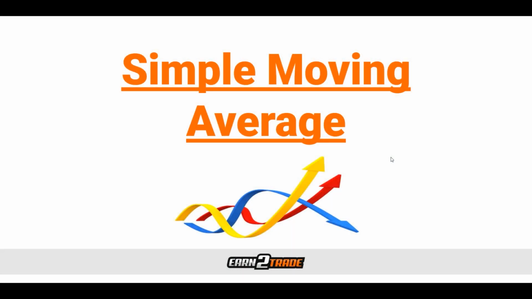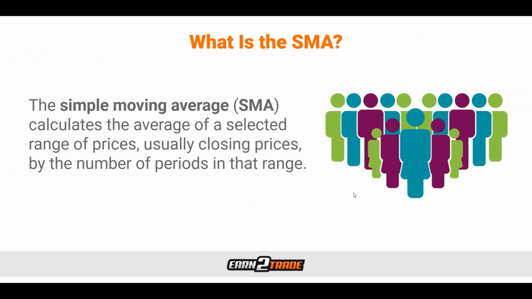As you browse the internet in search of more trading knowledge or trading strategies, you will almost certainly come across some type of SMA strategy, which stands for the simple moving average. This simple moving average calculates the average of a selected range of prices, which usually adheres to the closing prices, by the number of periods in that range.